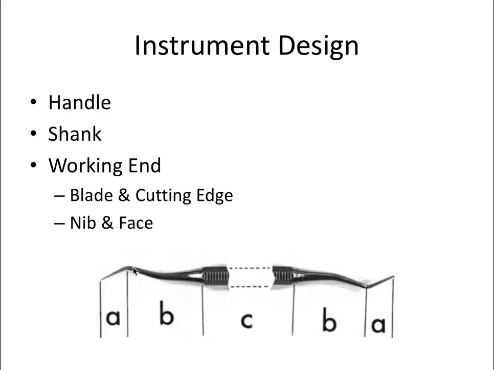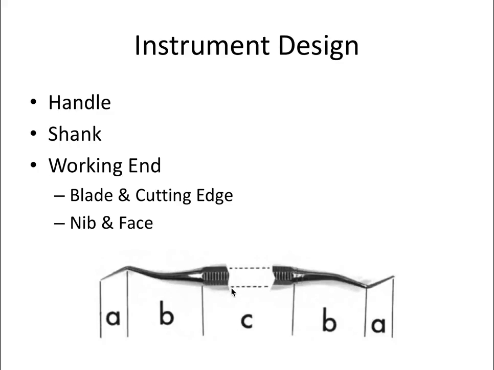The shank transitions into the working end, which should lie in the long axis of the instrument for best balance and control. So the working end, which is labeled A in this diagram, consists of either a blade and a cutting edge for a cutting instrument, or a nib and a face for a non-cutting instrument.